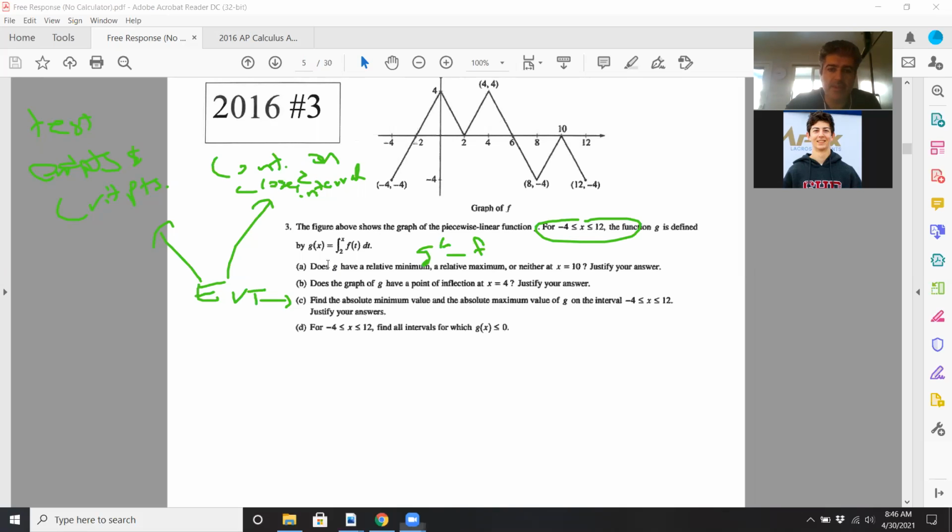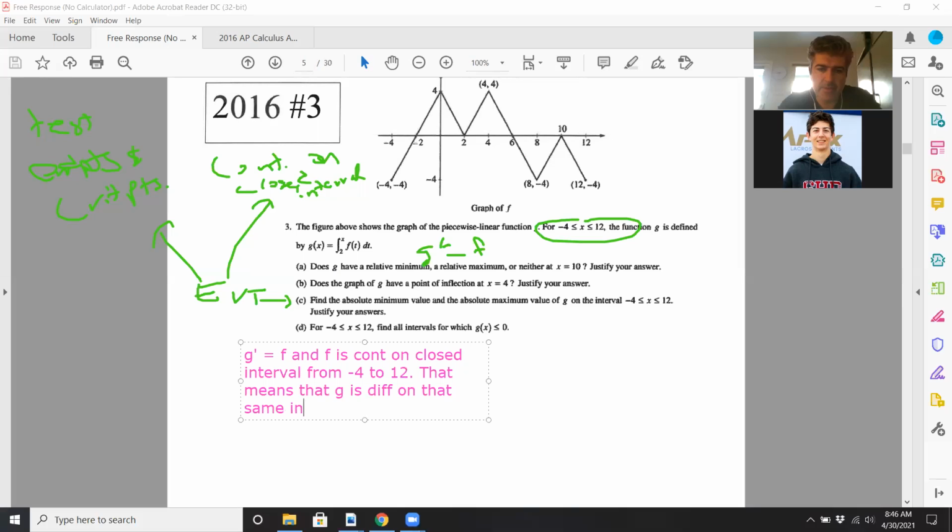And here's how you could write it. You could write it like this. G prime equals F, and F is continuous on the closed interval from -4 to 12. That means that G is differentiable on that same interval.